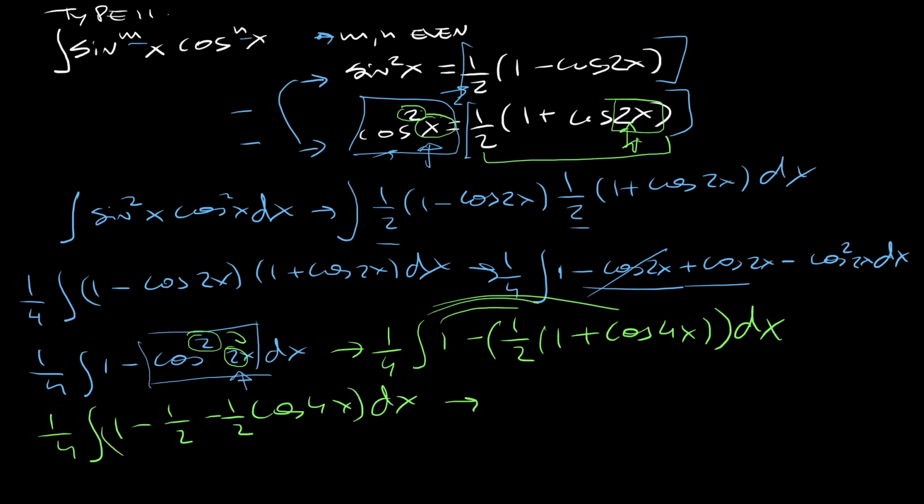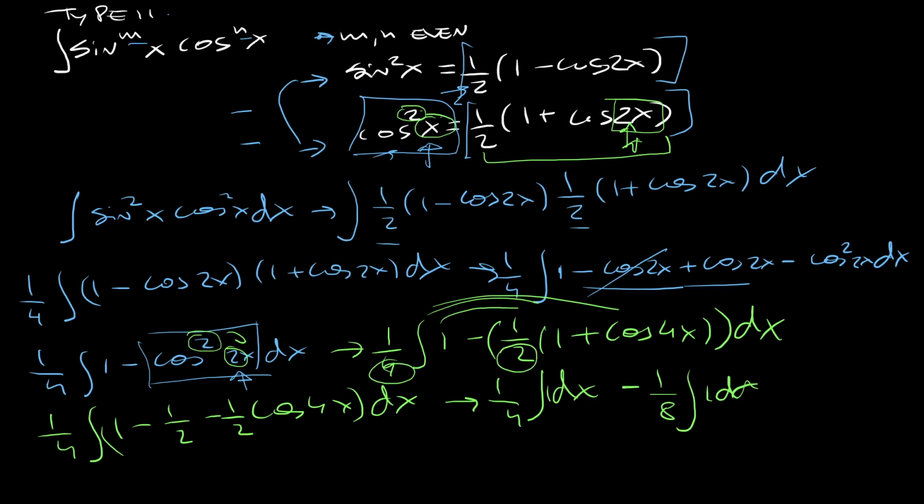We can separate this into further terms, and we get the following. We get 1/4, and then dx is just 1 there, and then minus 1/8, 1 dx. Remember, this is 4, this is 2, so this is 1/8.